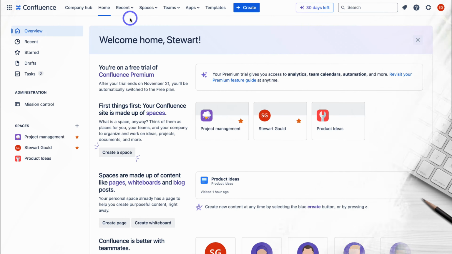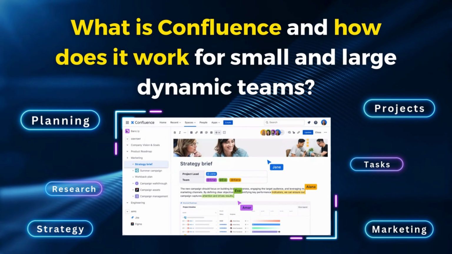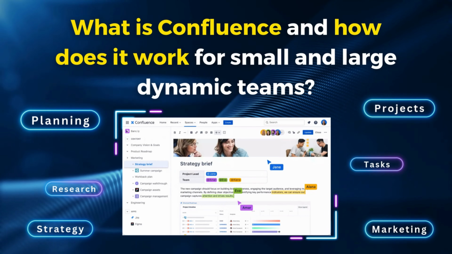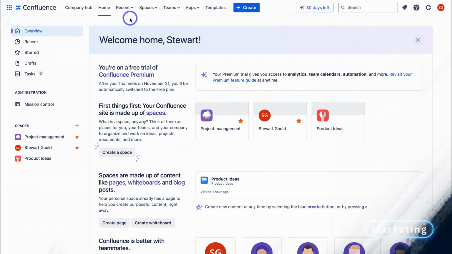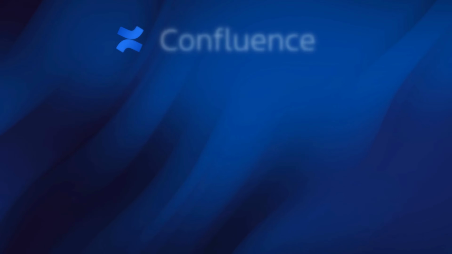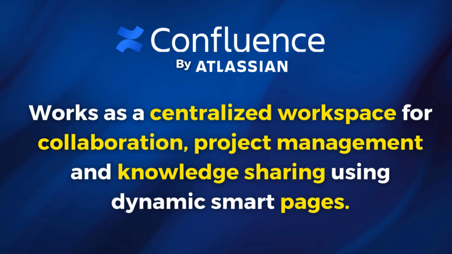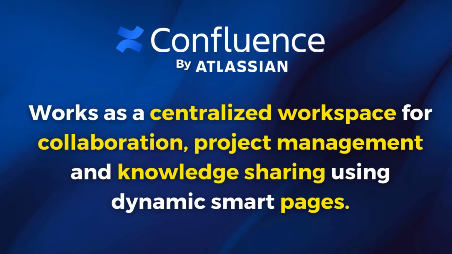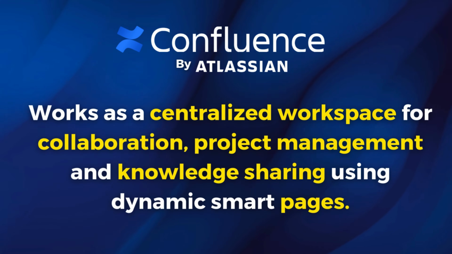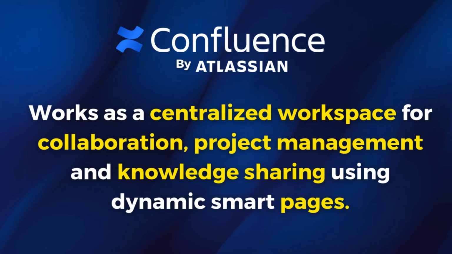Now, before we jump into the platform navigation and understand the structure of Confluence when it comes to team collaboration and project management, first, what exactly is Confluence and how does it work for small and large dynamic teams? Well, if you're completely new to Confluence, this software is a product of Atlassian and works as a centralized team workspace for collaboration, project management, and knowledge sharing using dynamic smart pages.